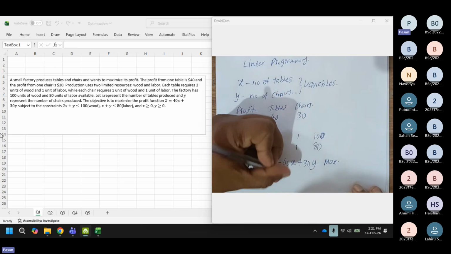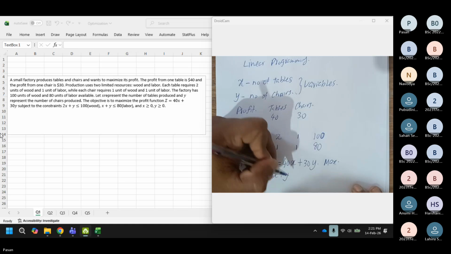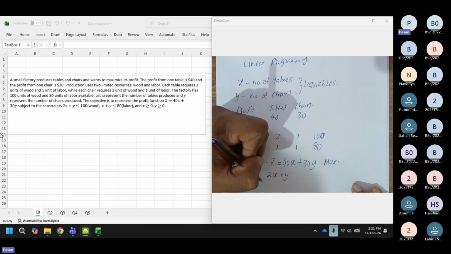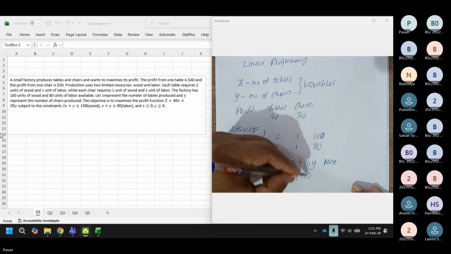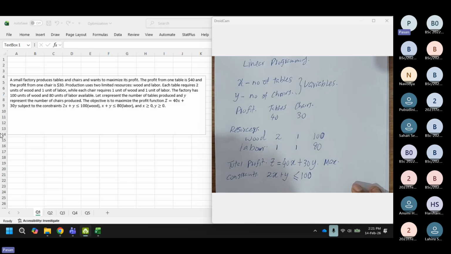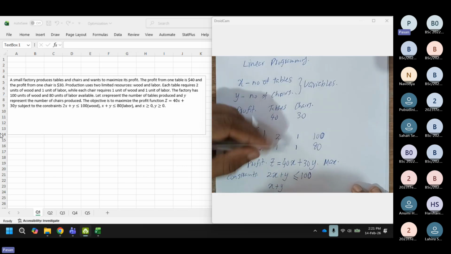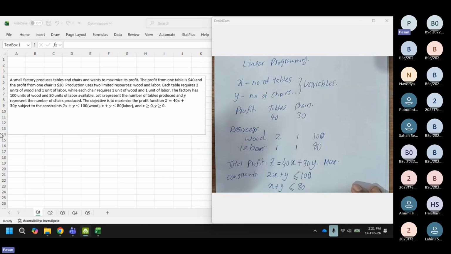So we have 2 times X plus Y, that is in terms of wood. 2 times X plus Y is the total amount of wood that we are using. That has to be less than or equal to 100, right? So that is the restriction we have. And then the second restriction, in terms of labor, is X plus Y. So 1 times X and 1 times Y has to be less than or equal to 80.